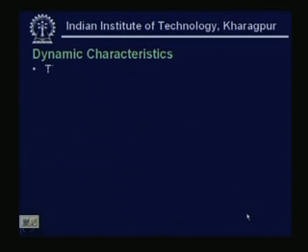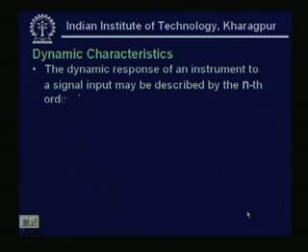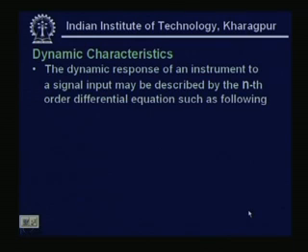Now, if I look at the dynamic characteristics, the dynamic response of an instrument to a signal input may be described by the nth order differential equation such as the following.